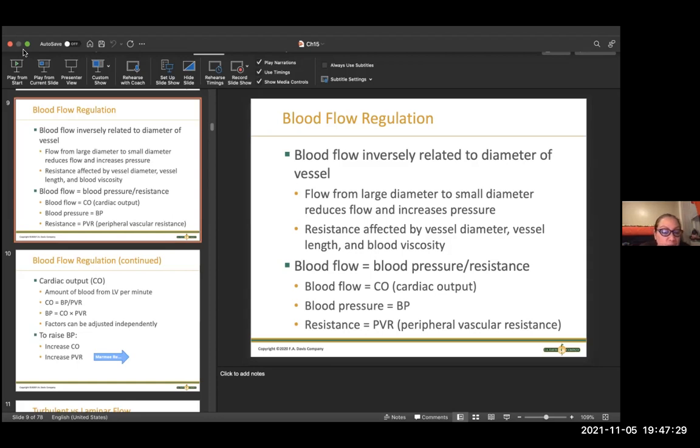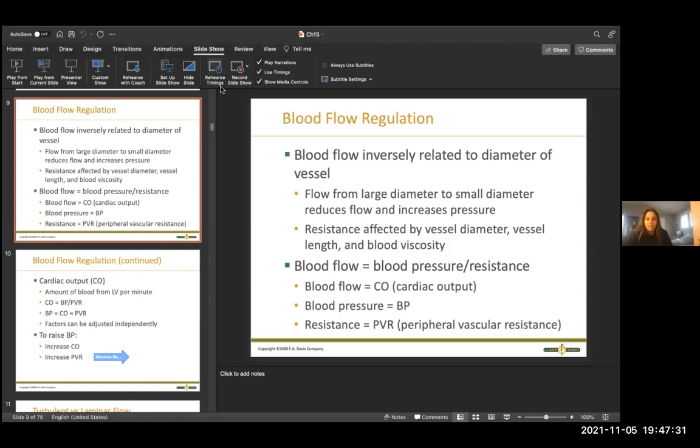Are you there? The blood flow depends on the blood pressure and the resistance. Okay. What did we talk about? Think, Monse, like directly proportional and inversely proportional. So which is directly proportional? Look at my formula. Which is directly proportional to the blood flow?